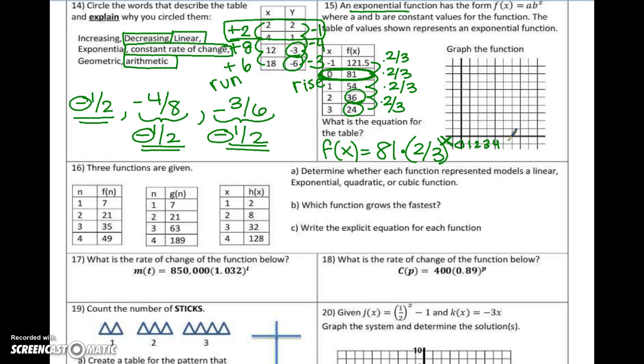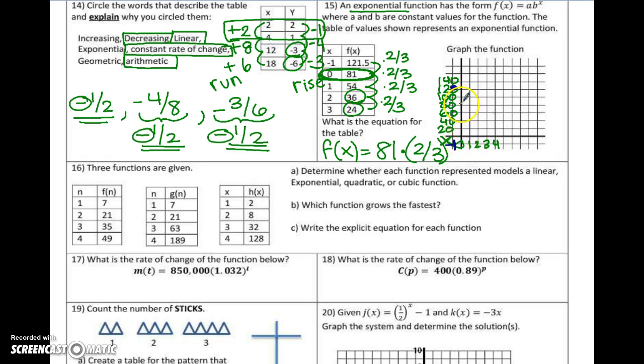I decided to go by 20s. 20, 40, 60, 80, 100, 120, and, well, 140. If I graph -1, oops, I wrote my numbers on top of there. But if I go to -1, I'm going to put it on top of here anyway. -1 is here. I go up to 121, which would be right there.